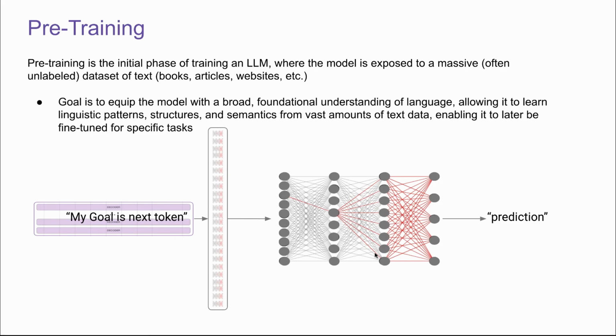This is a graph that shows the goal of pre-training. The goal is next token prediction. The goal of it is to understand language in general and do well in next token prediction.